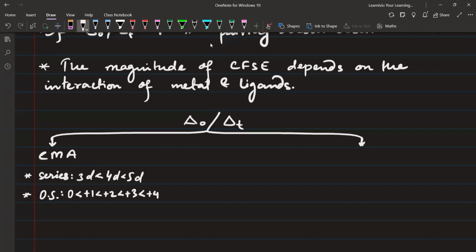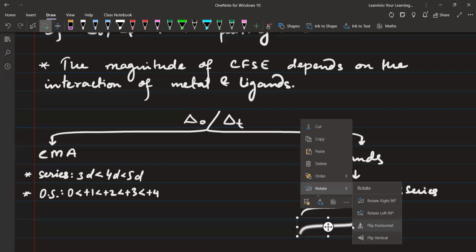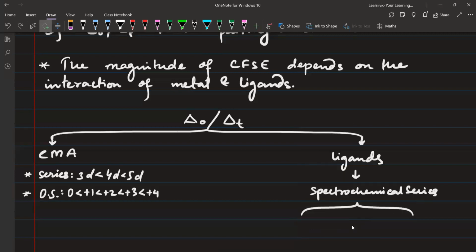Another thing that determines del O and del T is the ligand. Now, ligands based on the spectrochemical series. For this, we have a spectrochemical series. According to this series, the ligands are divided into two categories: the strong field ligand and the weak field ligand.